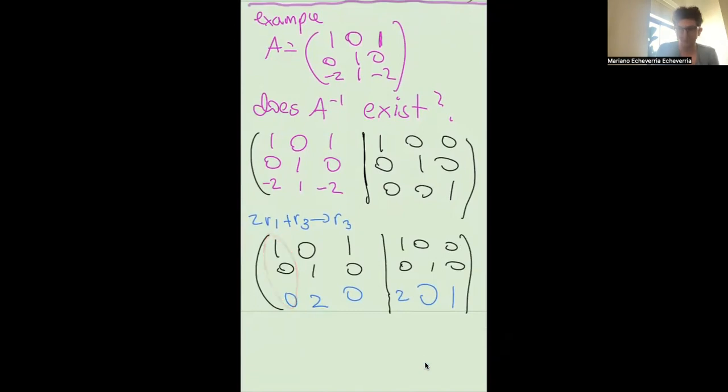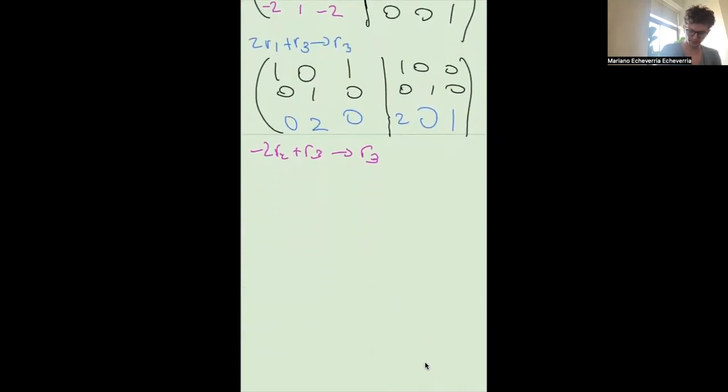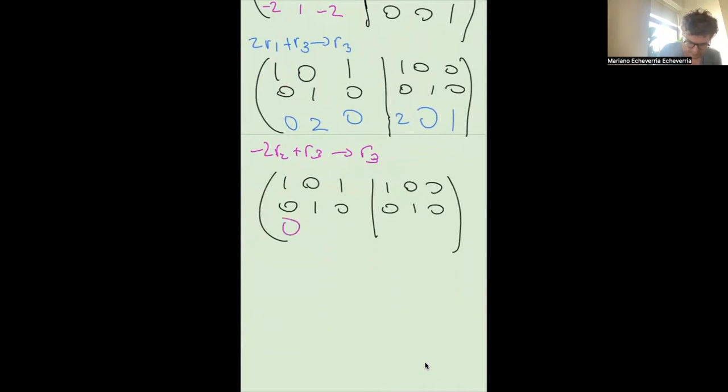I cleaned column 1, so I have to go to column 2. I already have a good 1, that's good. Now I have to make a 0 here. How can I make a 0 here? I can do -2 row 2 plus row 3 and substitute that into row 3. And what happens when you do that? Well, again, 0 with 0 is 0.